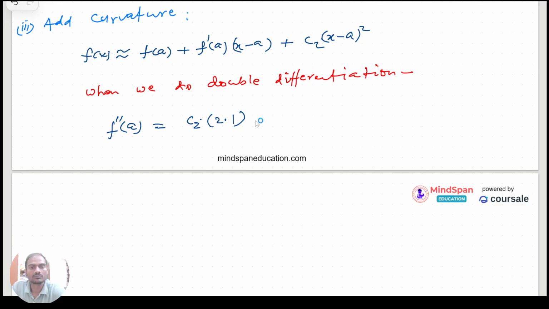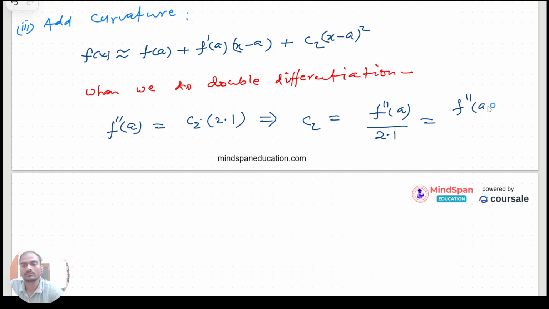If we compare this, we get c2 as f''(a) by 2 into 1, which we can write as f''(a) by factorial 2.